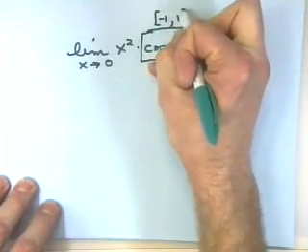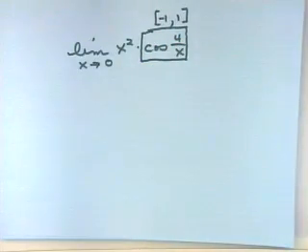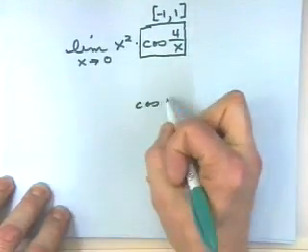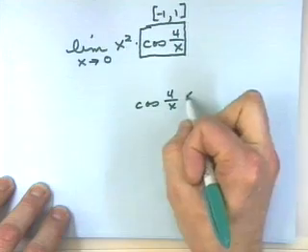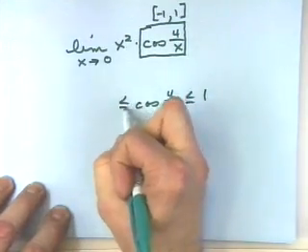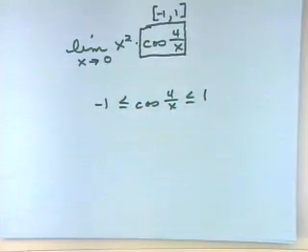Everybody convinced of that? So it could be the cosine of some ridiculous 2 pi. It could have all kinds of stuff in it. But if it's the cosine of something, it's somewhere between 1 and negative 1.